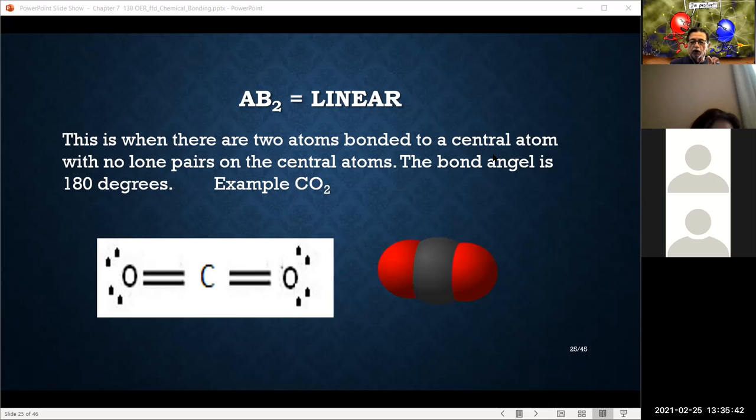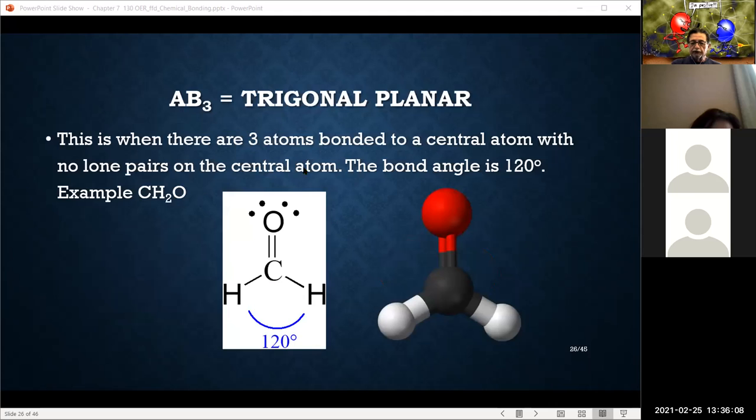Here, for example, carbon dioxide. Carbon dioxide is linear because of the double bond between the carbon and the oxygen. And that particular geometry, when we get to it, describes why carbon dioxide is a nonpolar molecule.